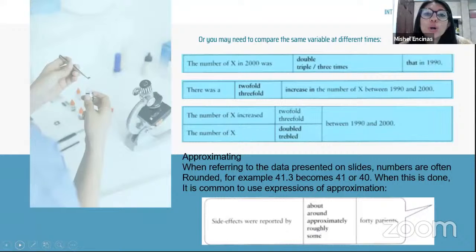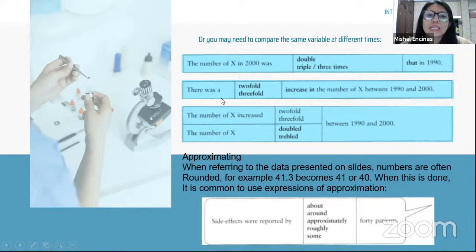Let's go. Or you may need to compare the same variable at different times. For example, the number of eggs in 2000 was double or triple, or maybe you can say 3 times that in 1990, okay? It's a way to compare the same variable at different times.